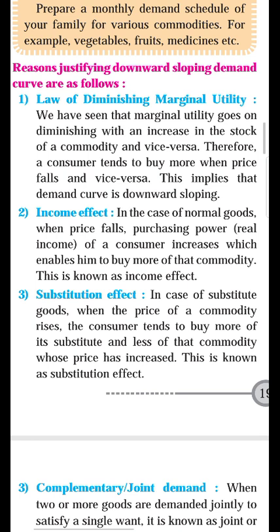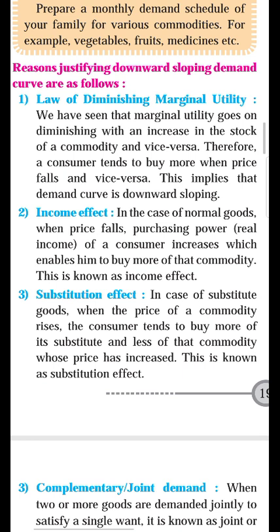When the price is high, demand is low, and when the price is low, demand is high. So in this case the demand curve slopes downward. But what are the reasons that the demand curve is downward sloping? Today in this video we will see. There are 5 causes that the demand curve is downward sloping from left to right.